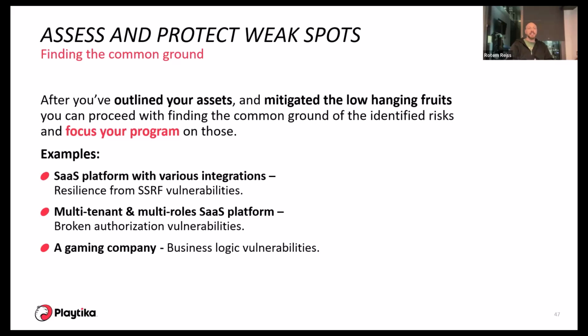If I'm developing a SaaS platform with various integrations, then I can almost surely say that I need to be more resilient against SSRF attacks because I have a lot of integrations to the outside. Another example is that as a multi-tenant and multi-role SaaS platform, I will for sure want to be more resilient against broken authorization vulnerabilities.